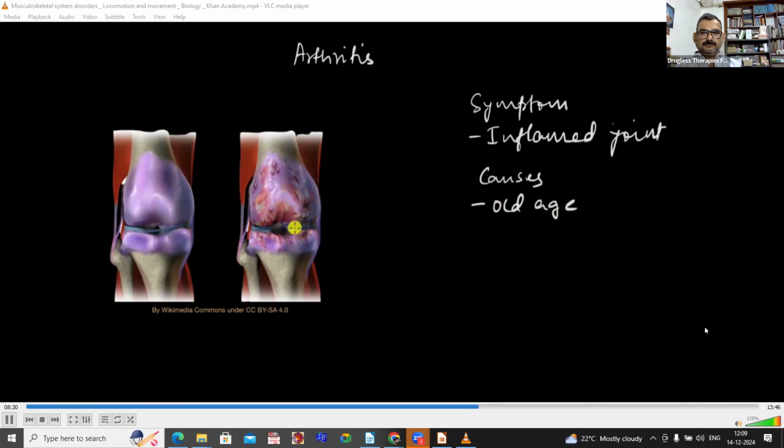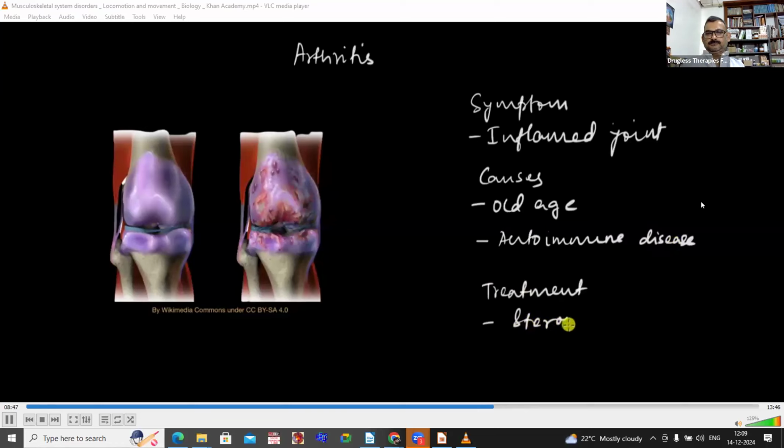Then there is another kind of arthritis, which is an autoimmune disease. So there are different kinds of arthritis, and what are the treatments? There are steroids, there are NSAIDs. I'm not going to go into the detail of what these are. You don't have to know. Just know that they help reduce inflammation.